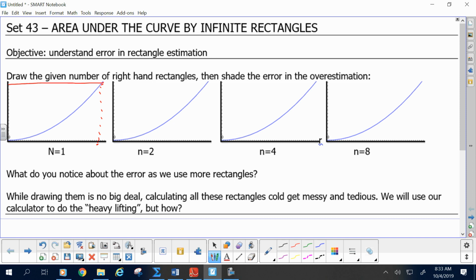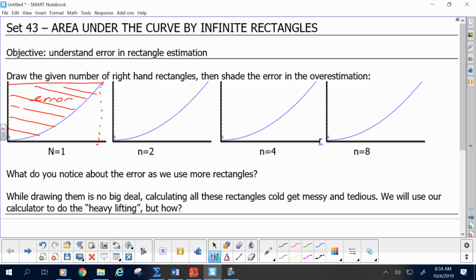Where's the error? Shade the error, please. Wouldn't this all be error? Because that's area that I'm getting from the rectangle that's not actually under the curve.